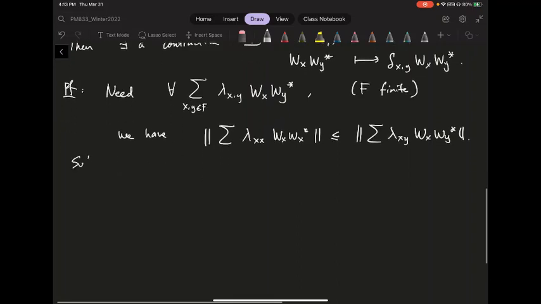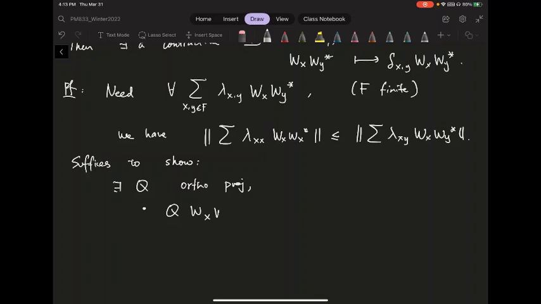And to show that, it suffices to show that there exist some orthogonal projections, let's call them Q, that satisfy some conditions. First of all, Q will kill off all your off-diagonal entries: if x and y are different, then multiplying Q on either side gives 0.